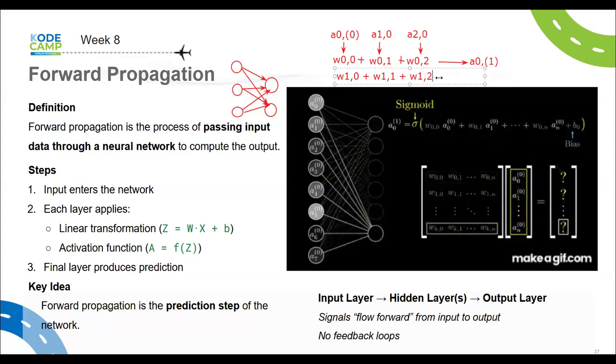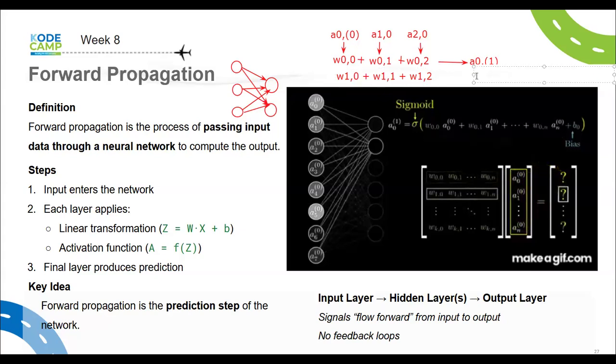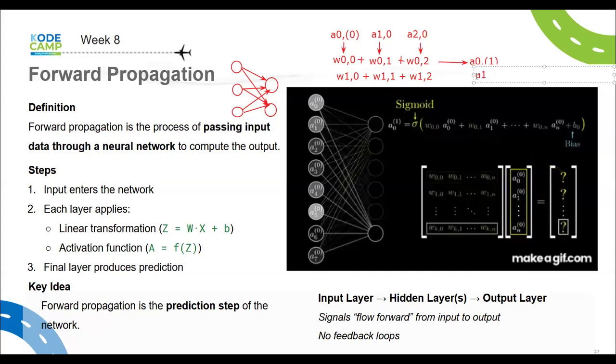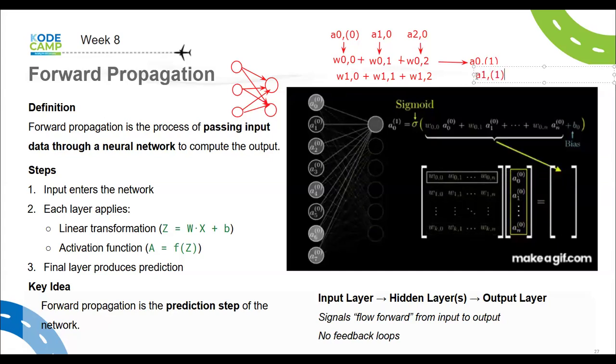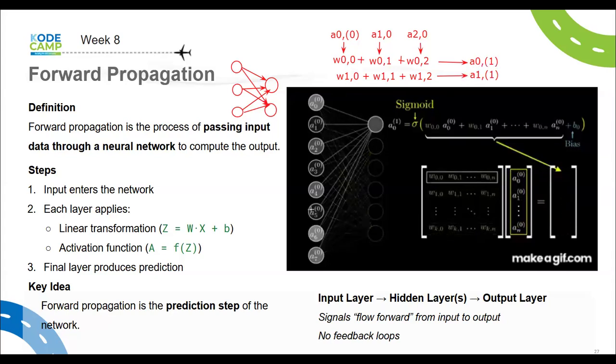And this is going to give you the next neuron's output, which is A1 on the next layer, which is layer 1. Okay. So that is the mapping. I'm just trying to explain the mapping of this graphical display to the matrix.